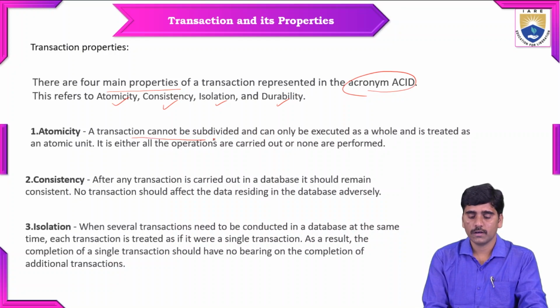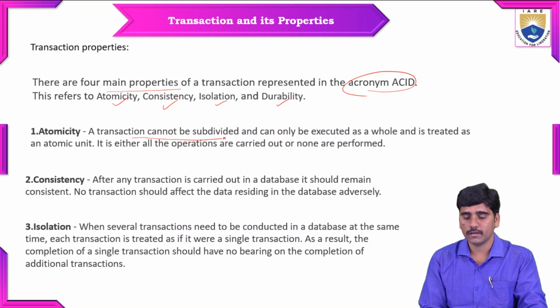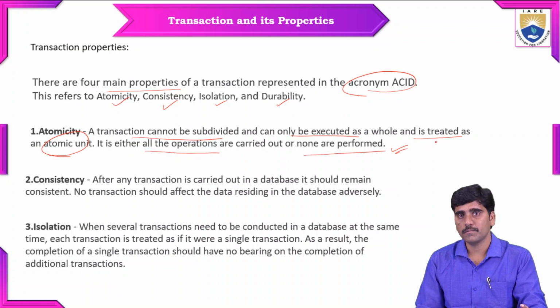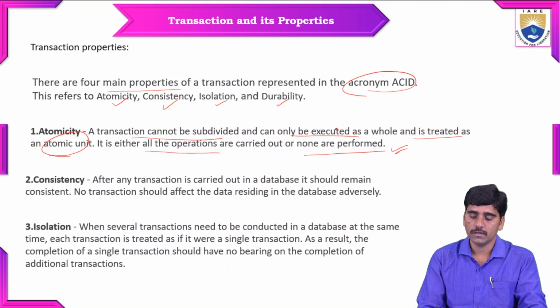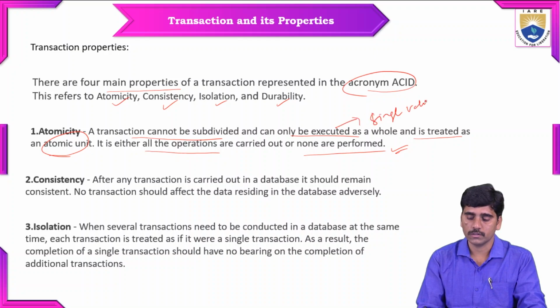A transaction cannot be subdivided and can only be executed as a whole and is treated as an atomic unit. So either all the operations are carried out or none are performed. It does contain single values, not having more than one value.